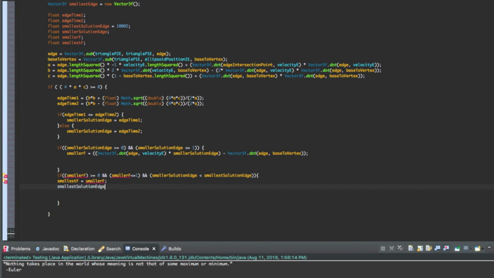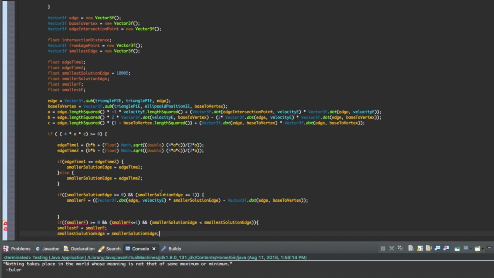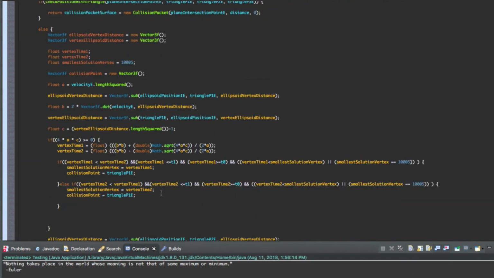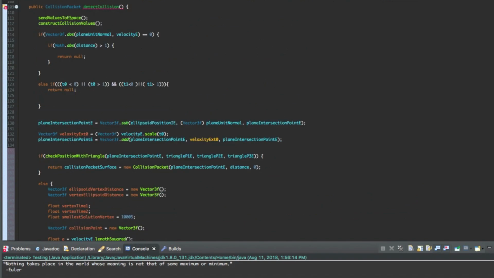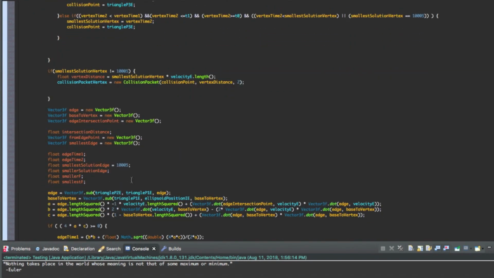But first we'll say that the smallest solution edge is equal to the smaller solution edge. And we need both of these variables to calculate both of the collision position and the distance. So we will initialize the smaller f to -1.